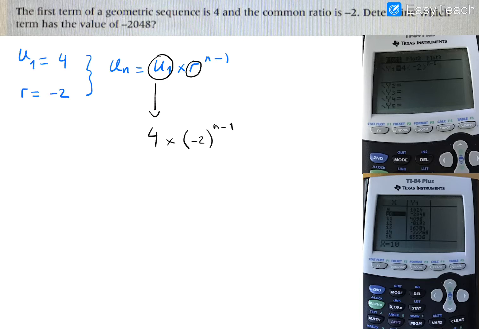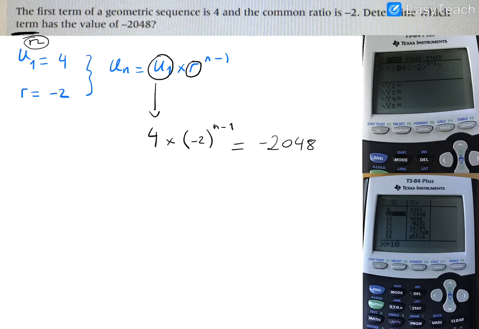I don't know n, I'm trying to find n. The term means n, I'm looking for n. And that is equal to the value we want, which is minus 2048. Okay, that's the n term. Now we need to figure out what n is.